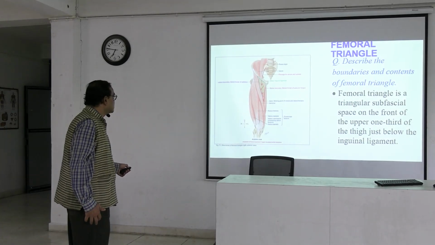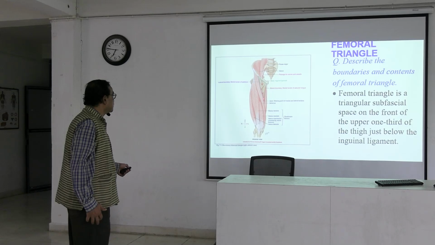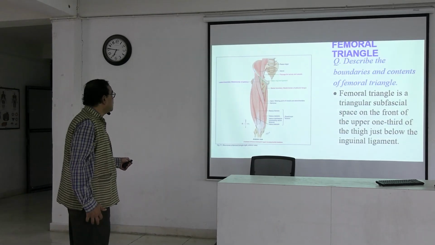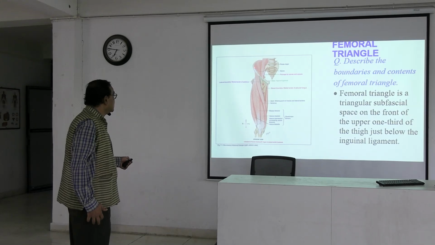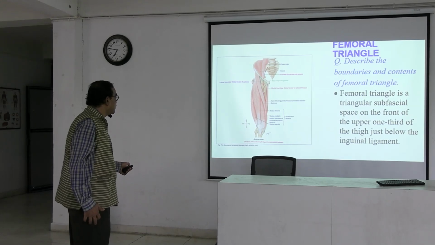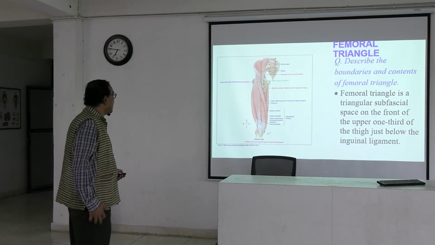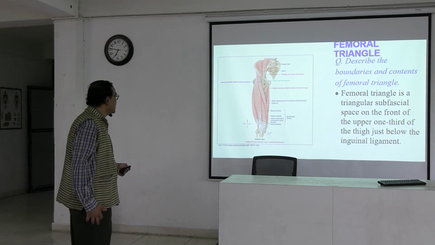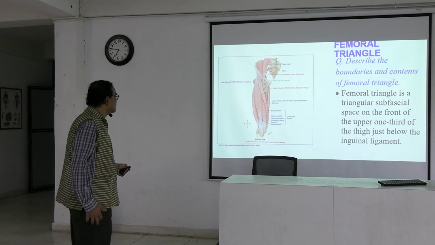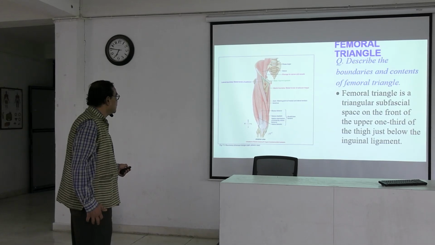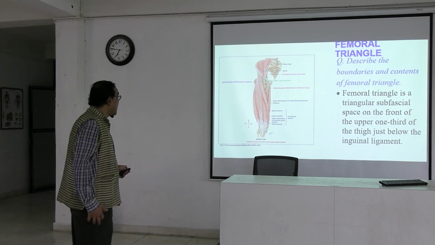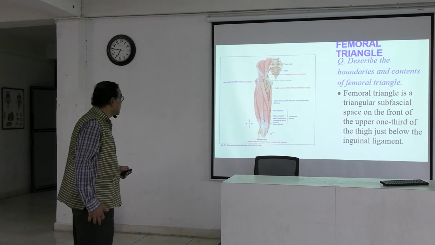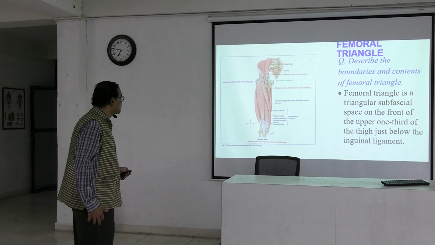One side is formed by the sartorius muscle, so this is the medial border of the sartorius muscle. And there we can get another muscle which takes origin from the pubis. This muscle is the adductor longus muscle, and this is the medial border of the adductor longus.